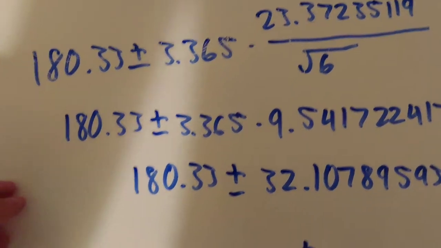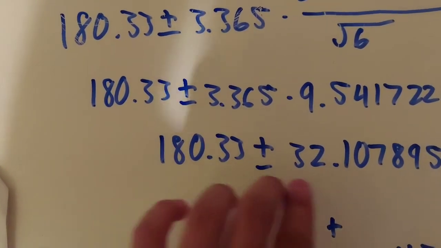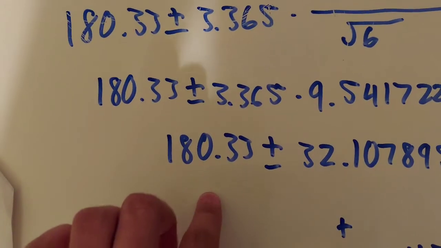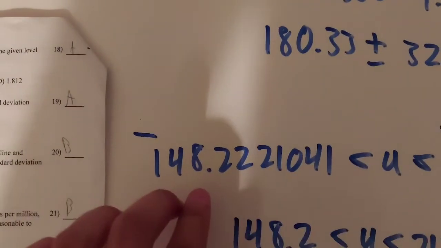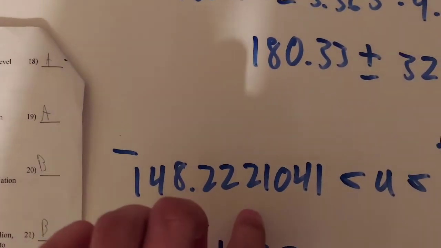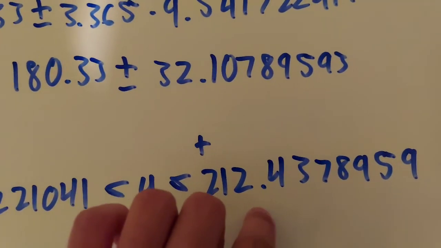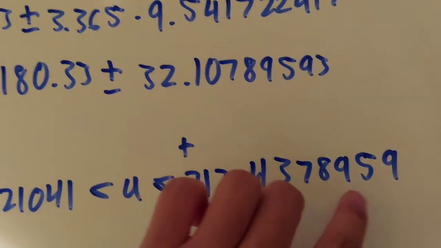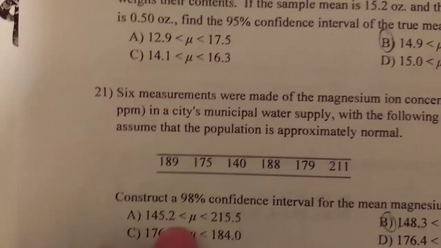The next part we're going to do is subtract this number from 180.33 and also add this number to 180.33. That's going to be 148.221041 and also 212.4378959.